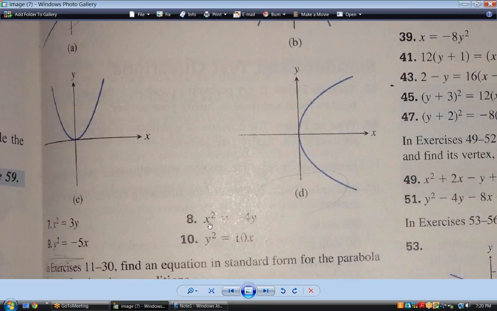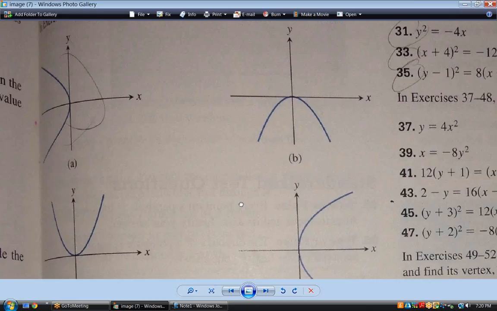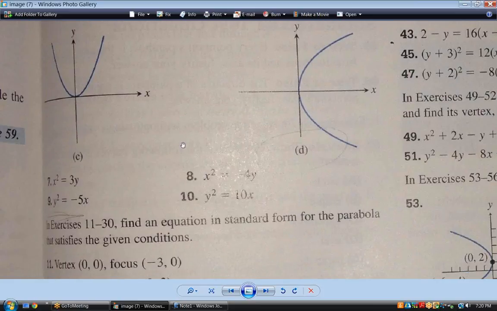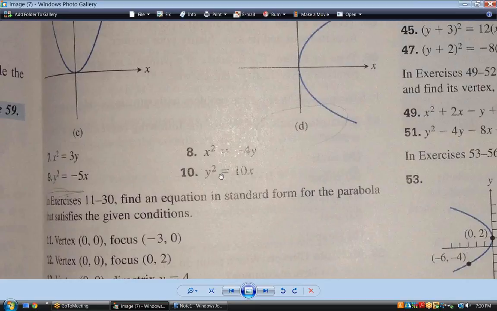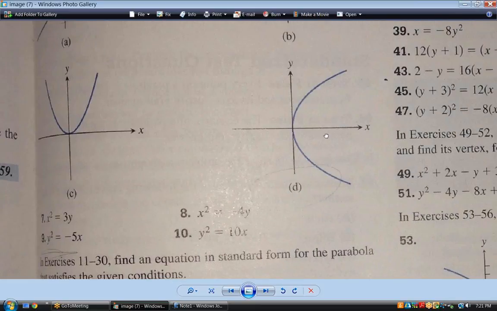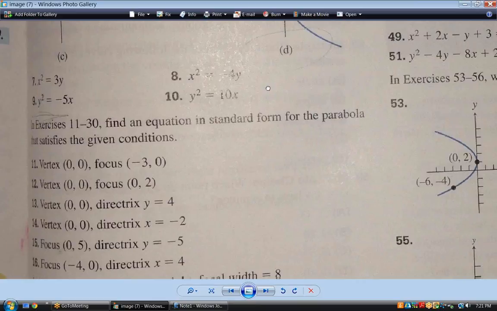C. 8. x squared equals -4y. Opens down, so B. Okay. y squared equals -5x. That opens to the left, so A. And finally, y squared equals 10x. D. Okay.